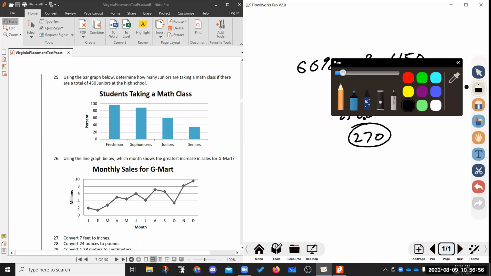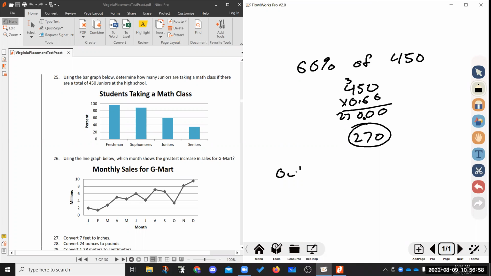I'm just going to say that as October to November, right? This line right there is the steepest positive slope. It's the greatest increase. This is 25. This is 26.